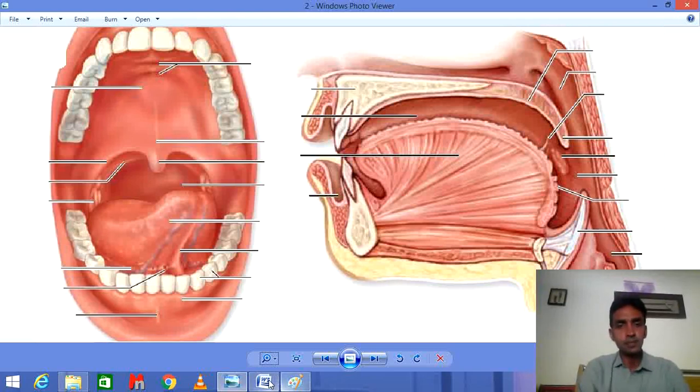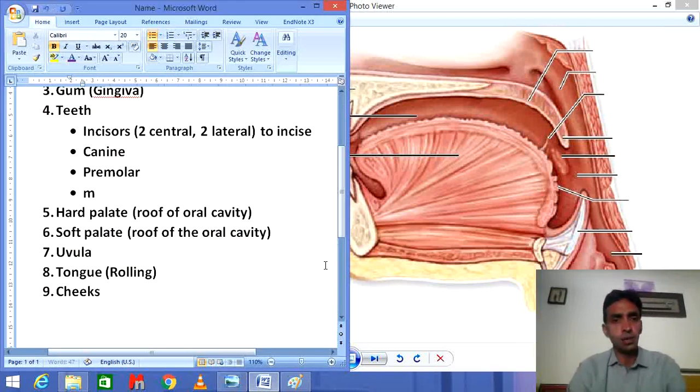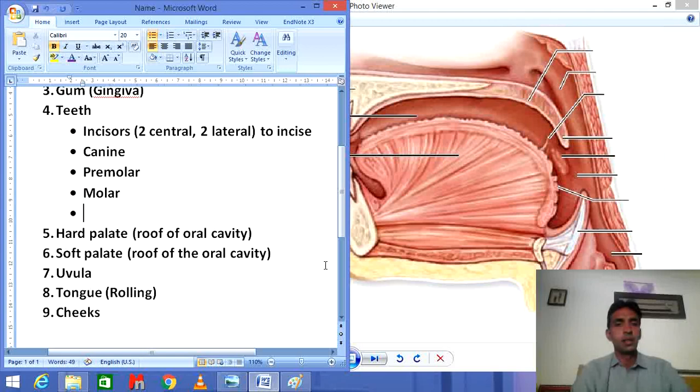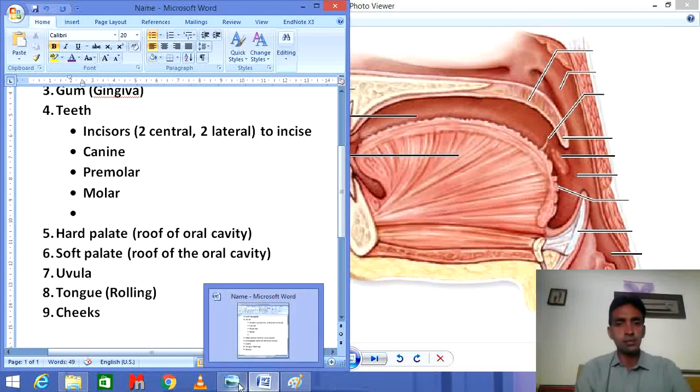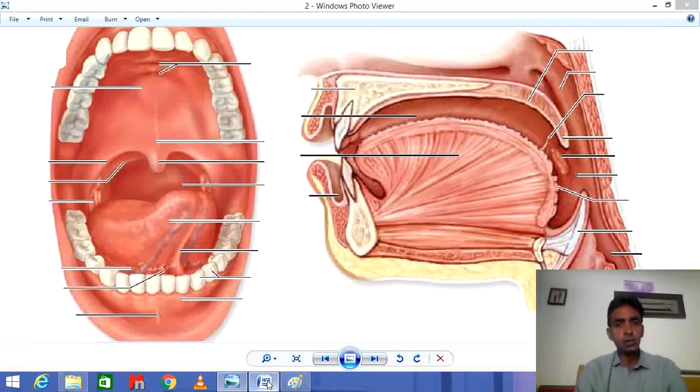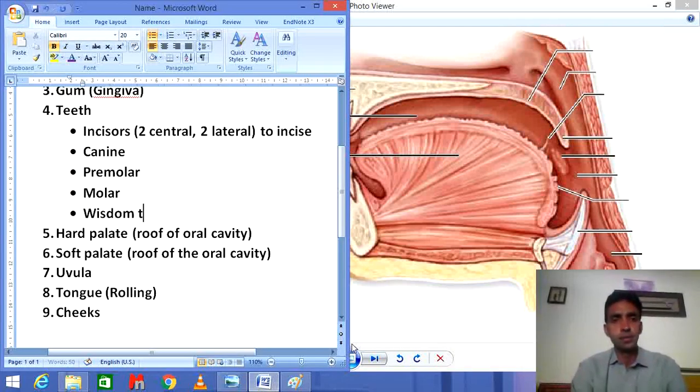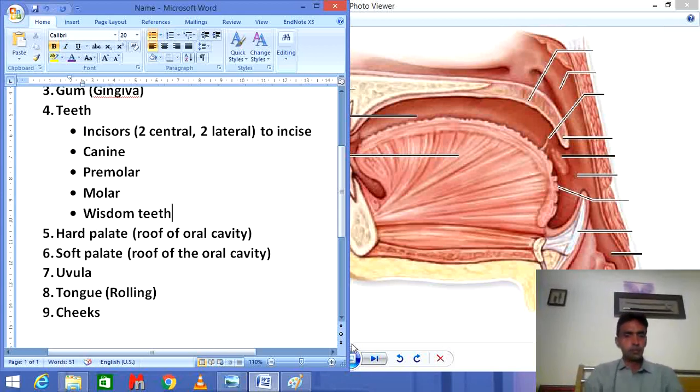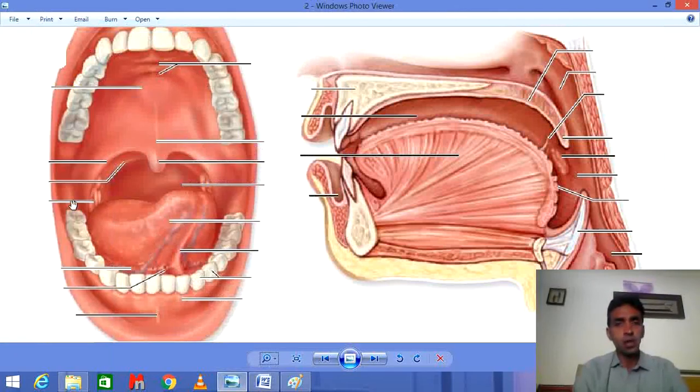After the premolar, there is molar, and after the molar, sometimes there is one present at the very last, that is called wisdom tooth or wisdom teeth. Wisdom teeth are not responsible for chewing, but sometimes they can work for chewing when aligned.